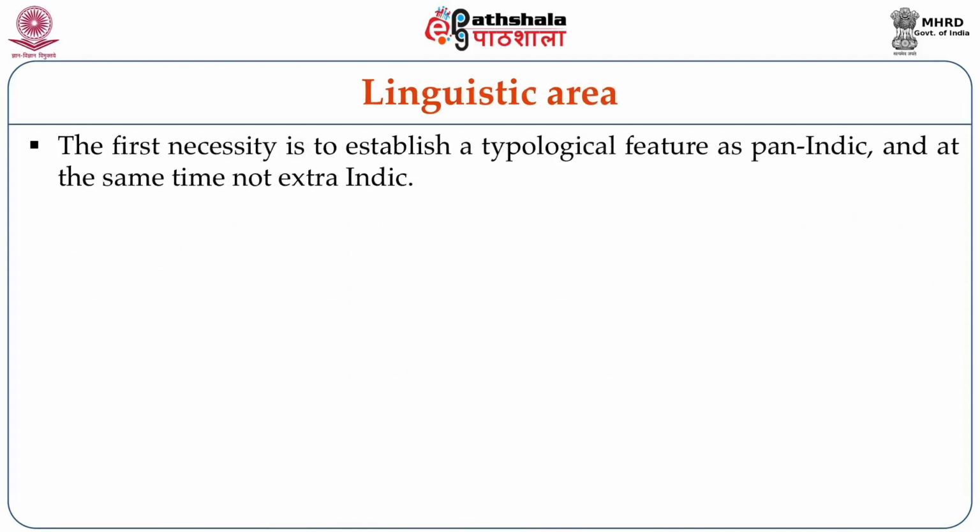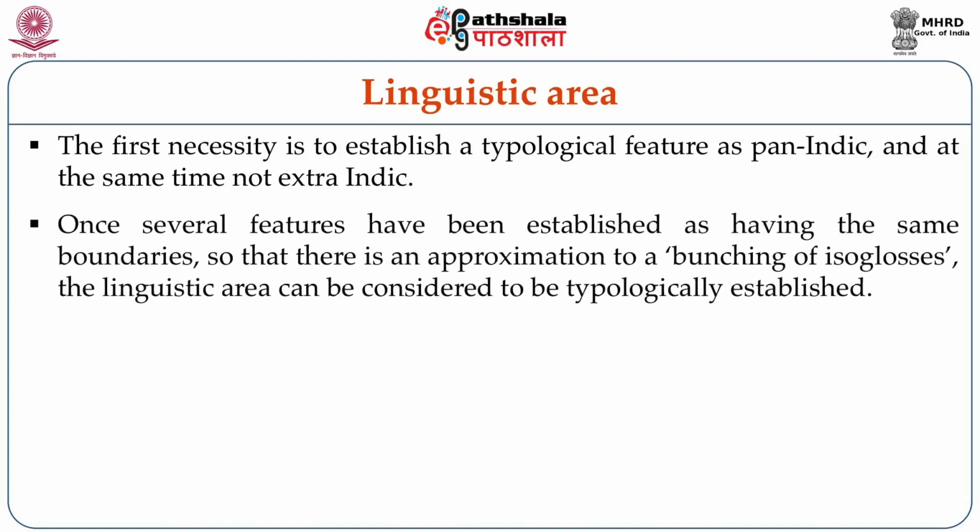The first necessity is to establish a typological feature as pan-Indic and at the same time not extra-Indic. Once several features have been established as having the same boundaries, so that there is an approximation to a bunching of isoglosses, the linguistic area can be considered to be typologically firmly established.